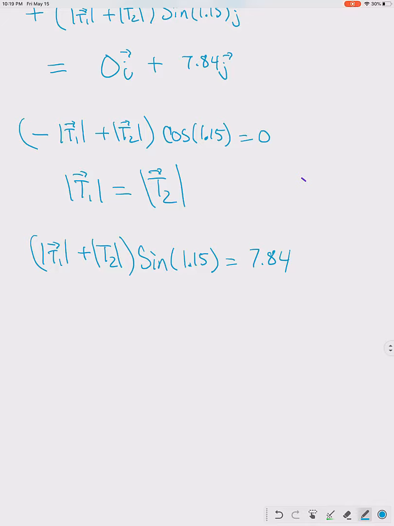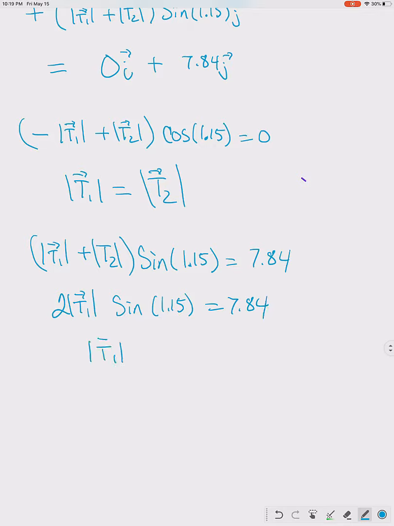And since that's the case, T1 and T2 are the same, so that's really the same as saying 2 times T1, take its length, times the sine of 1.15 is equal to 7.84.